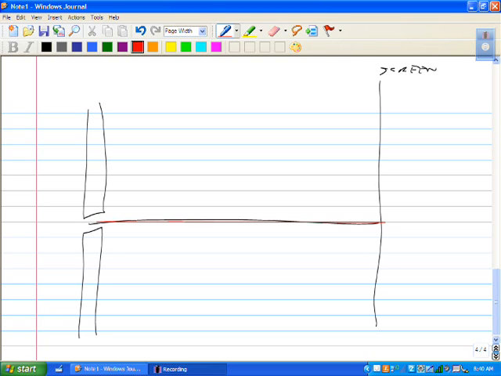So the red ray goes straight through. But there's also another path from the opening to that part of the screen that we've labeled with this blue ray.